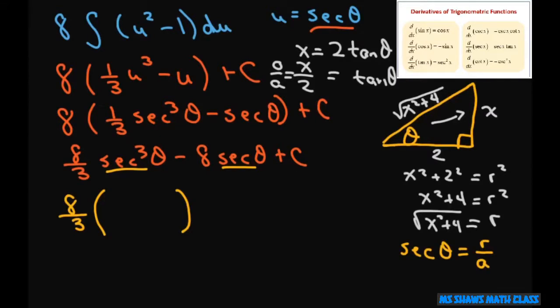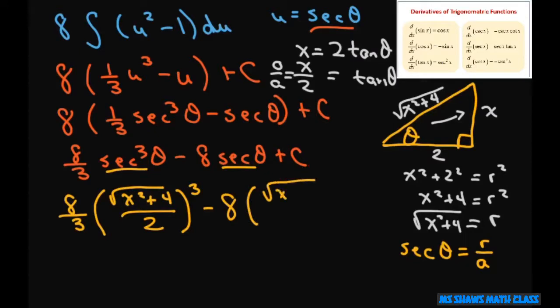So this is going to end up being the square root of x squared plus 4 divided by 2, cubed, and then write it again, the square root of x squared plus 4 divided by 2, plus c.